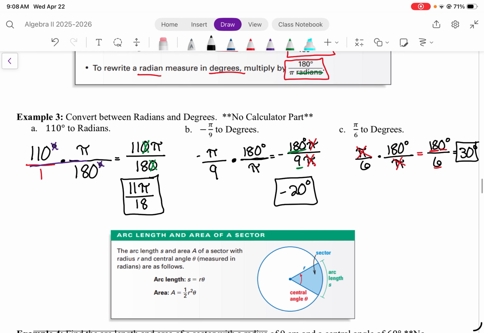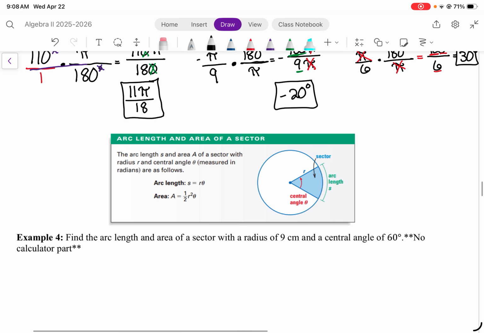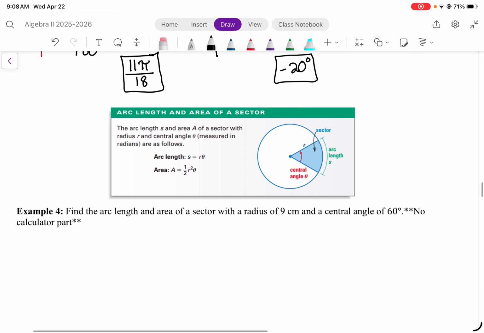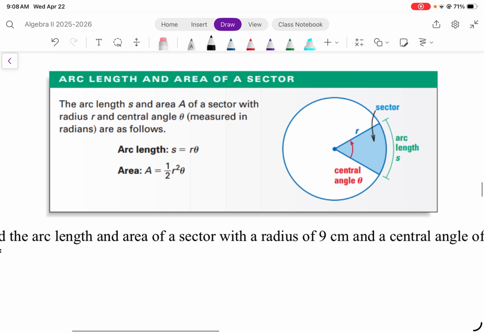This will be useful for multiple different things. It is going to help us evaluate trig ratios and trig functions a lot. It's also used when we're talking about arc length and area of a sector. So the arc length is what we are going to be focusing on. So this formula here, where we have S equals R times theta. And it's important to know that theta is a central angle.